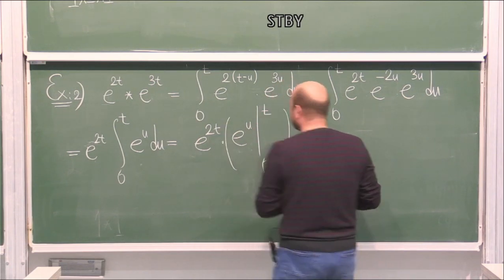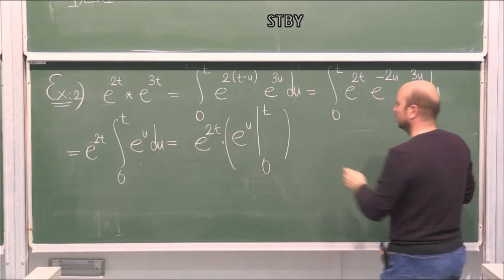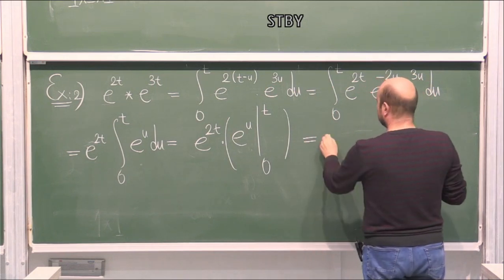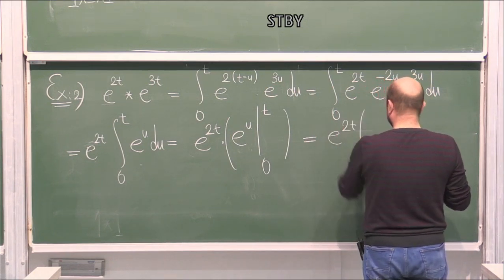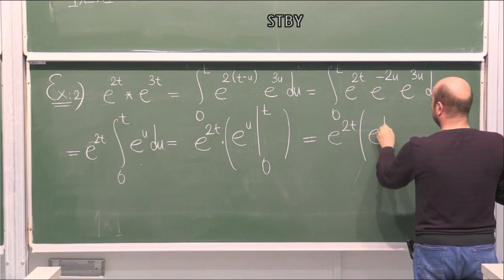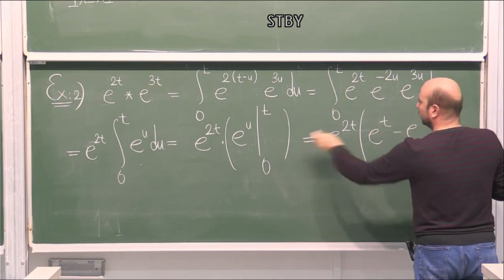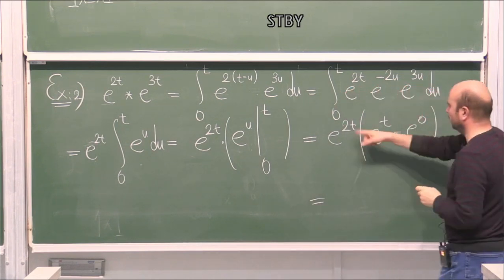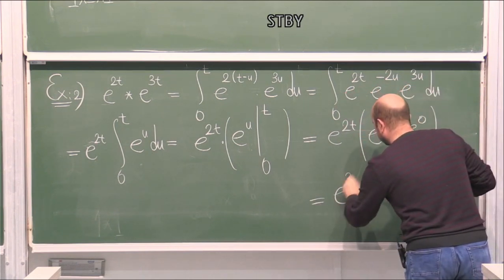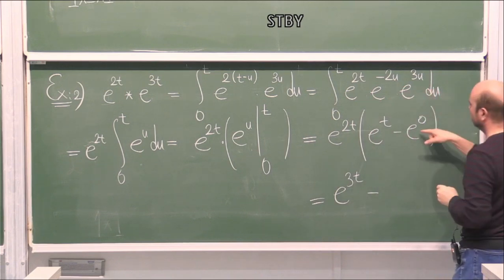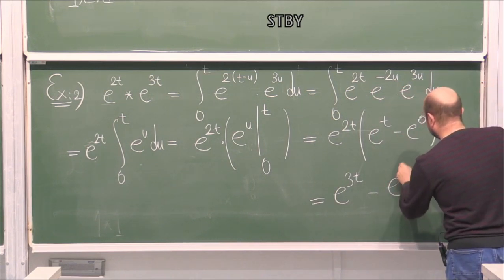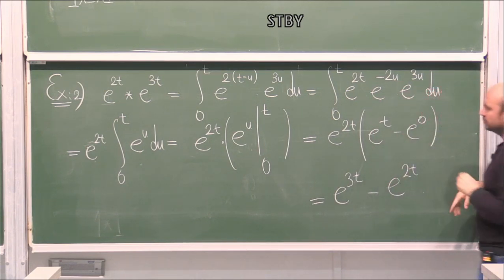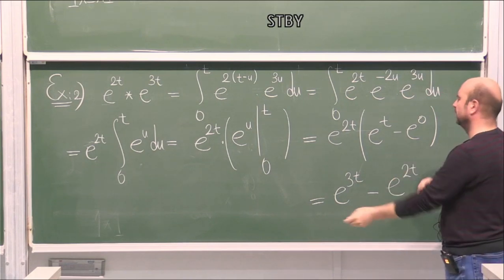So we get e to the 2t times e to the t minus e to the 0. Eventually we get e to the 3t minus, this is 1, so e to the 2t. So you get their difference.